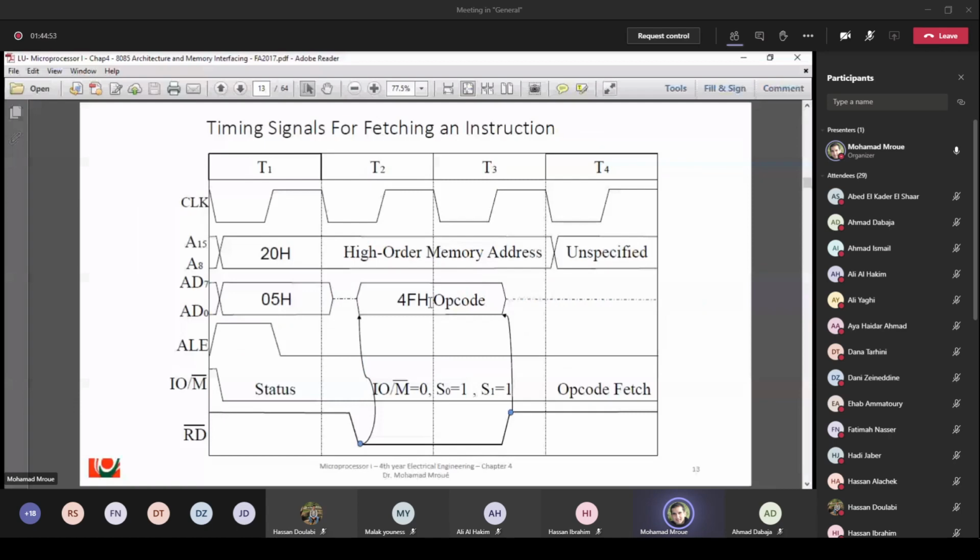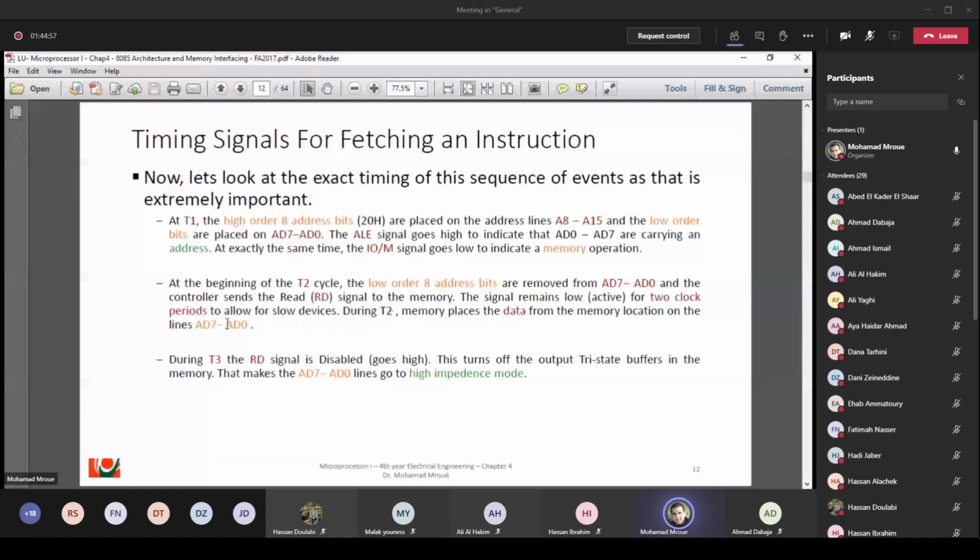So during T2 the memory places the data from the memory location on the lines AD7 to AD0, meaning on the data bus. During T3 the read signal is disabled. It goes high in this case. This turns off the output tri-state buffers in the memory, which makes the AD7 to AD0 lines go to high impedance mode. So here it goes back to high impedance mode.